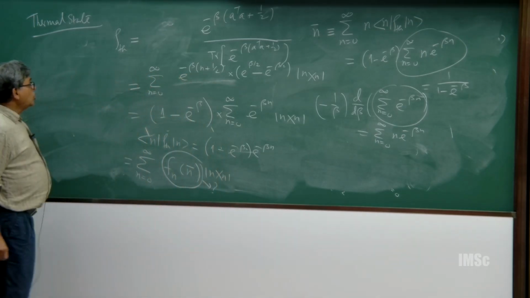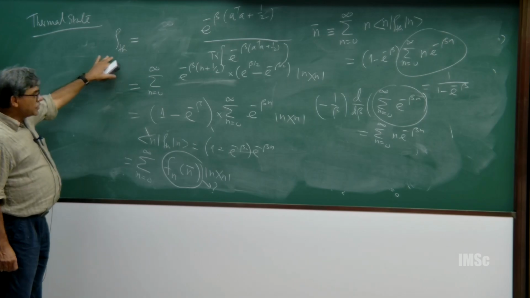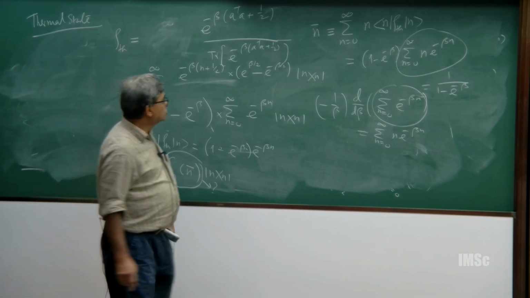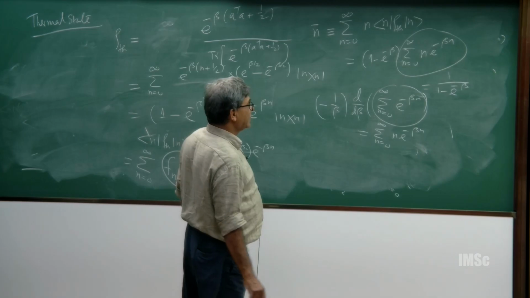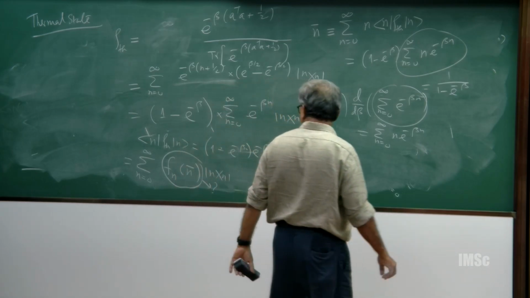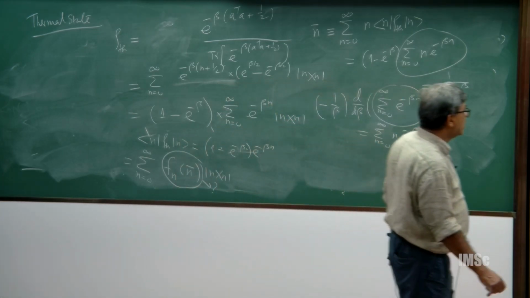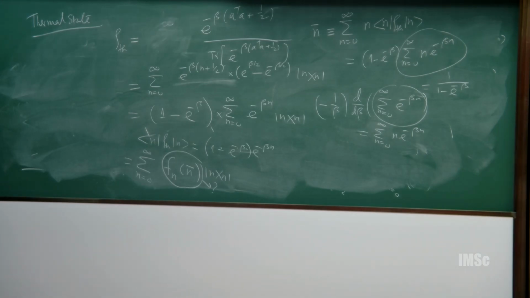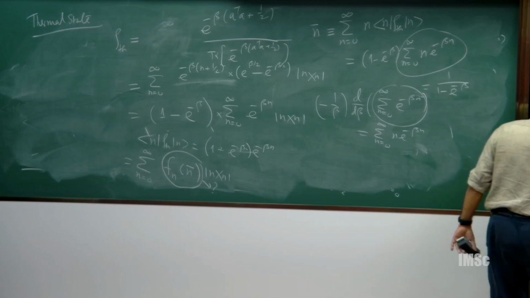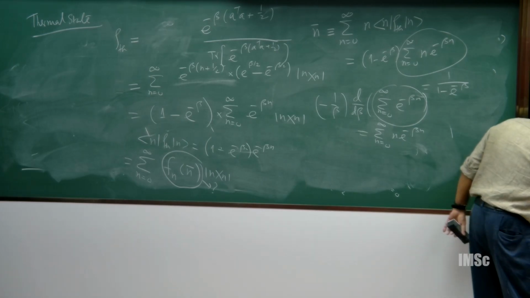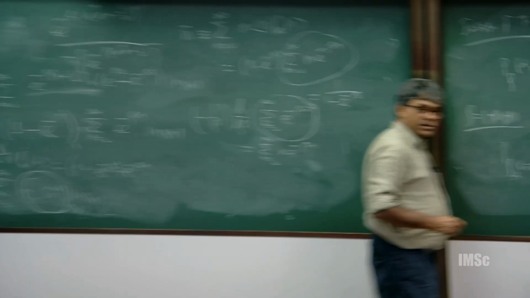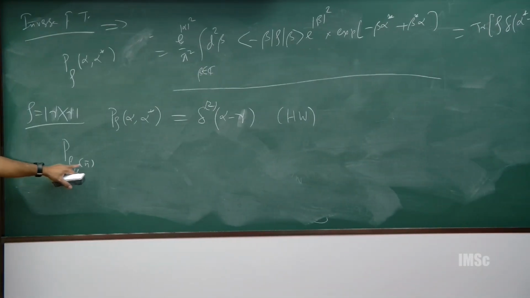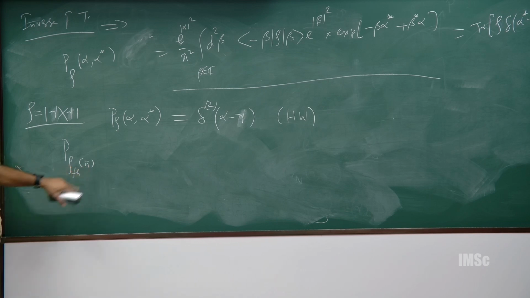Okay, good. So, now you have this rho thermal. Now if I want to figure out the P function of rho thermal, again when I write rho thermal it corresponds to the average photon number, right, because this n bar corresponds to the inverse temperature, and therefore the average photon number.